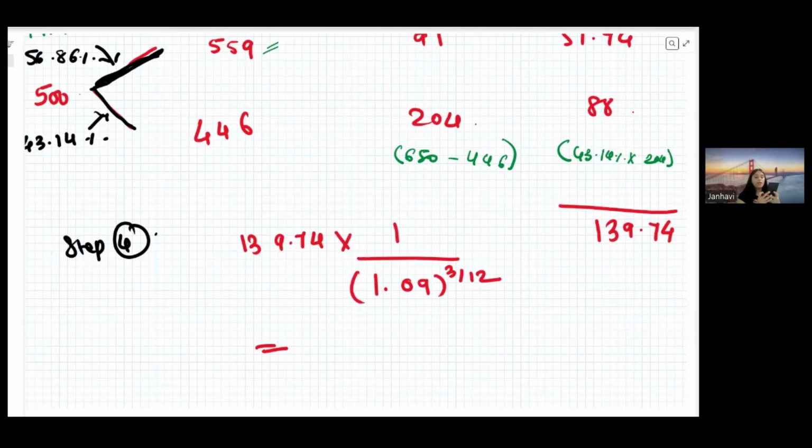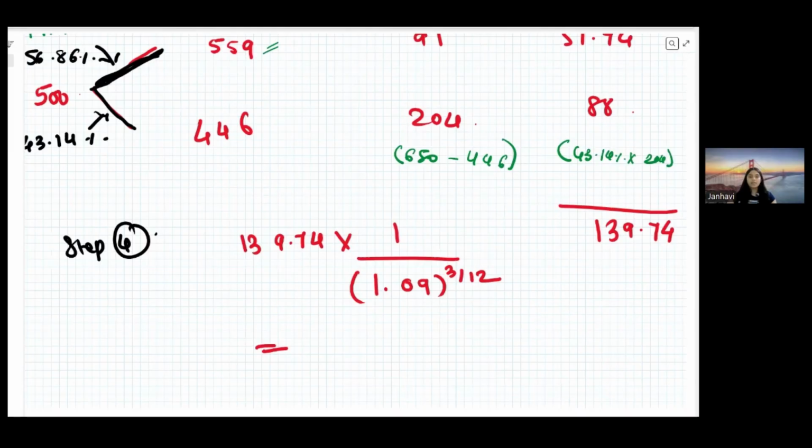So let's first do 1.09 raised to, that is y to the x, bracket open, 3 by 12, bracket close, is equal to, you have got something like 1.02, and just do 1 by x to this number into 139.74.